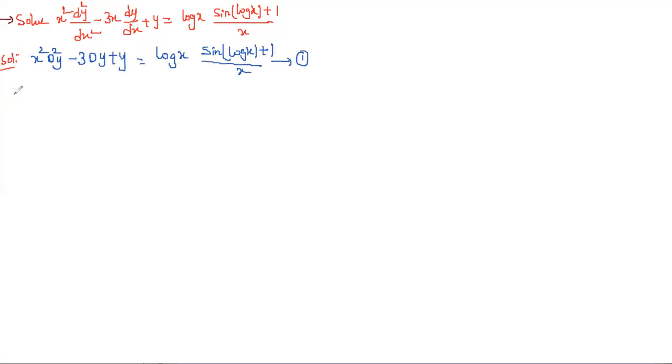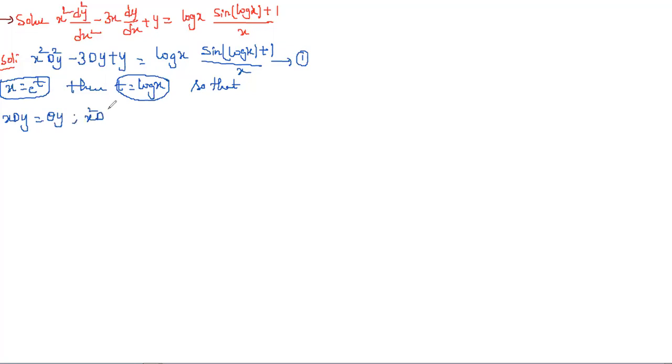So this is a Cauchy's linear equation. For converting to a linear differential equation with constant coefficients, we take x is equal to e power t, then t is equal to log x. So x dy is nothing but theta y, and x square d square y is equal to theta into theta minus 1 into y, where theta is equal to d by dt, and d is nothing but d by dx.